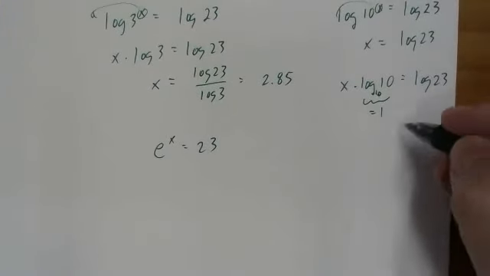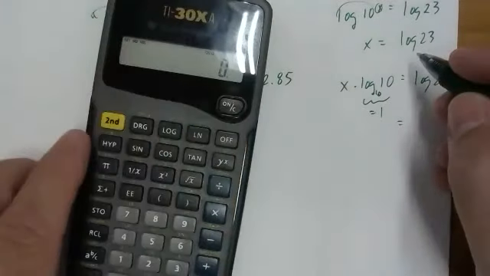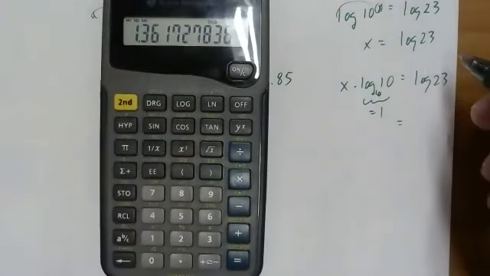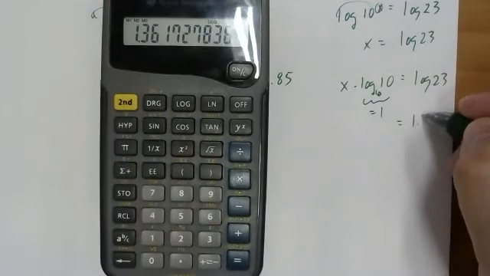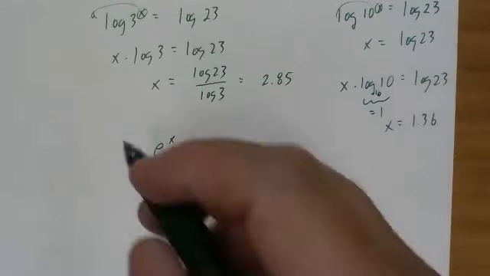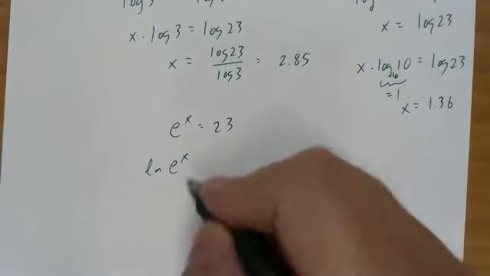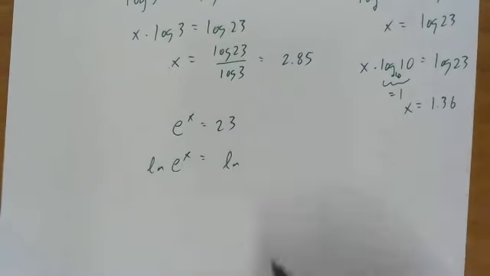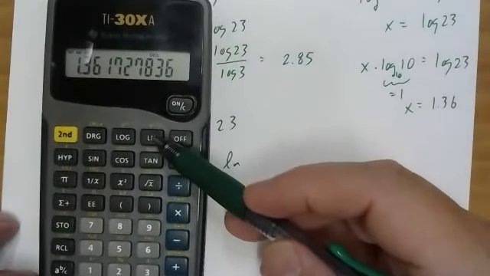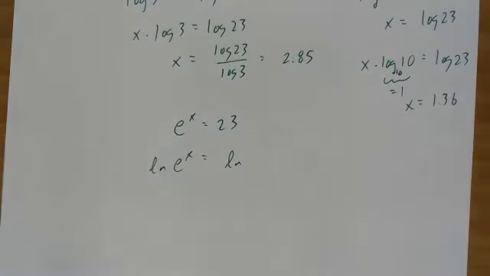If I go back up here and I want an actual number, I could go to my calculator and just type in 23 and hit my log key. 1.36. Down here, I'm going to take the natural log of both sides, and I'm okay with that. You know why? Because the natural log is on my calculator. So in this problem, if I have to take a natural log, I'm okay with that.